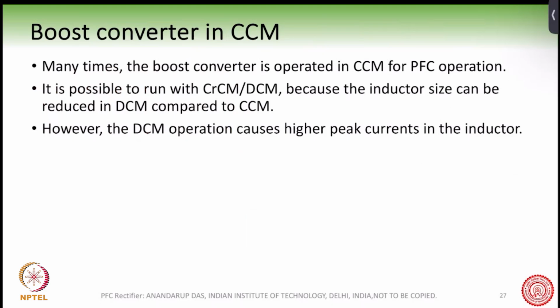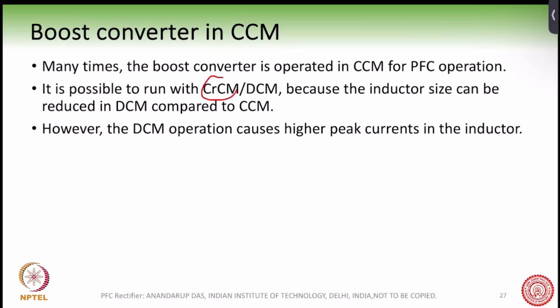Now, this gives us a mathematical framework for analyzing, with the expressions which we have derived. Now, there is one more thing that we have to understand, which is what is called CCM, critical conduction mode, and DCM operation. Okay, so the boost converter. If you see the traditional DC-DC boost converter, you can understand that it can run in CCM or DCM or even critical conduction mode, CRCM.